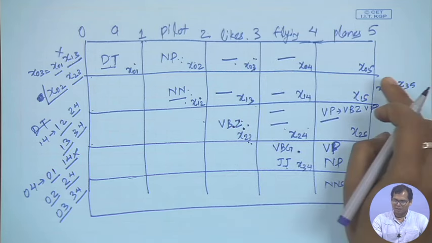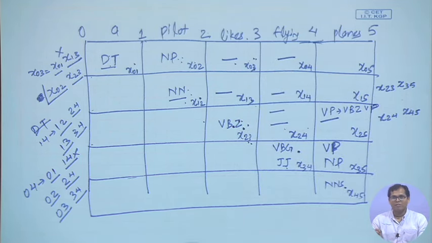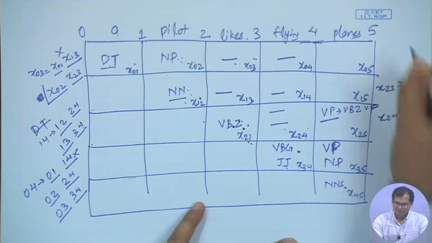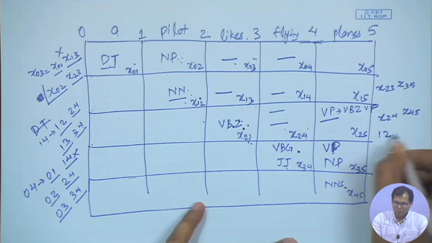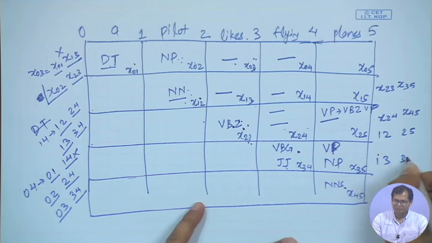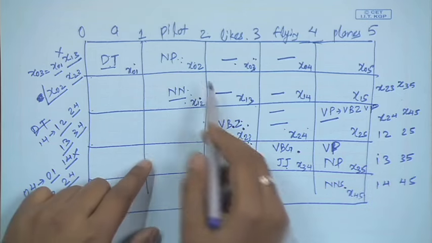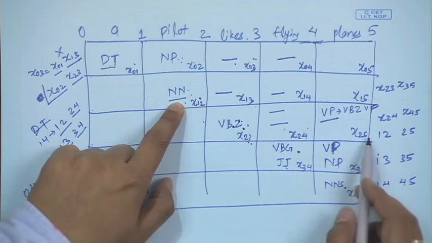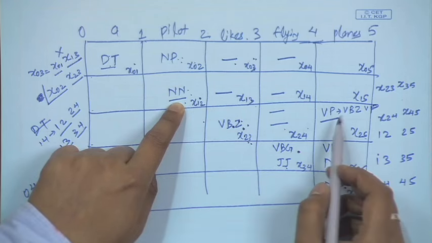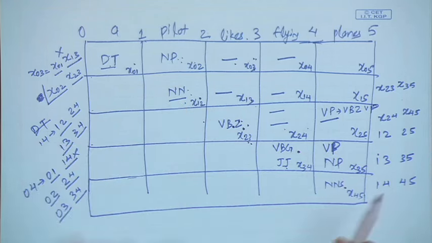Okay. 15. 15 can be 1225, 1335, 1445. 12 and 25. Yes, NN followed by a VP. So is there something in my grammar NN followed by VP?